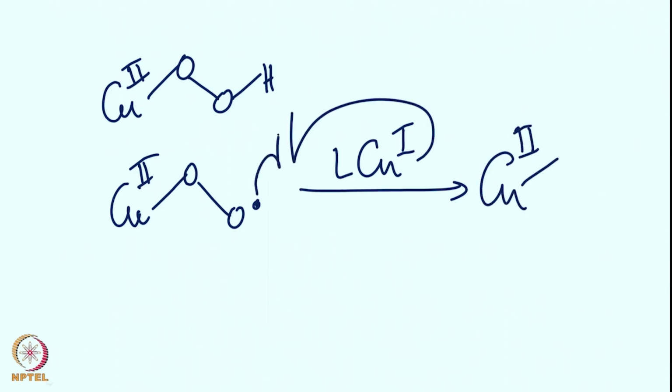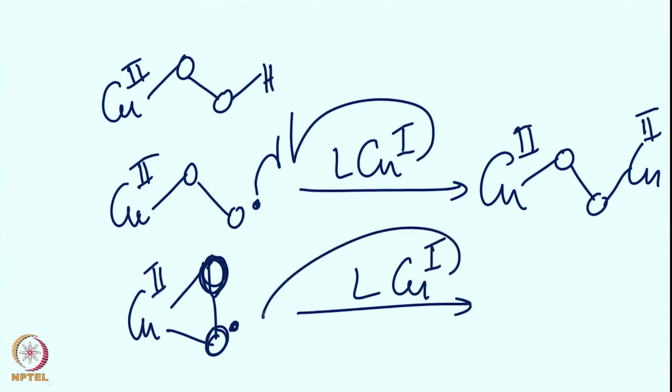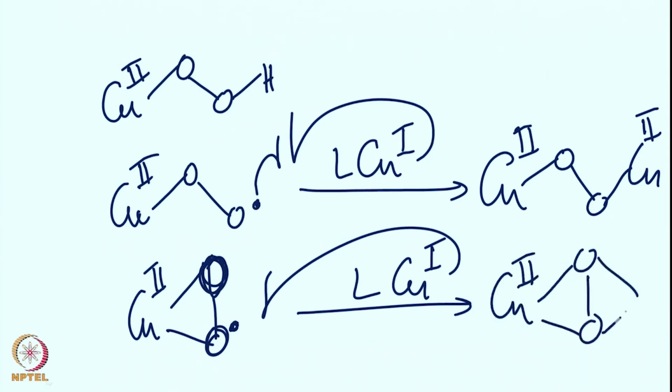So, this can give you one electron and that can give you another electron to give you the peroxo, if this superoxo is side-on bound in nature. So, once again it is the same, this is one oxygen, sorry for the drawing, and this again can give another electron into the mixture to give you copper(II) OO copper(II), right. That is how the chemistry is happening, and overall this chemistry can go on.